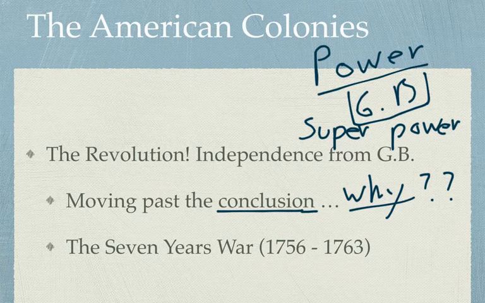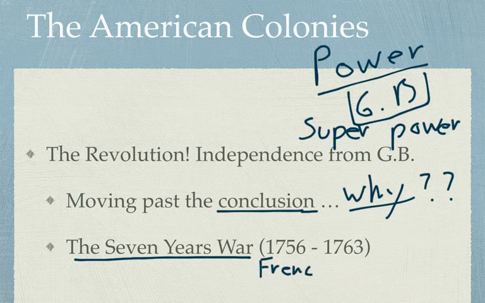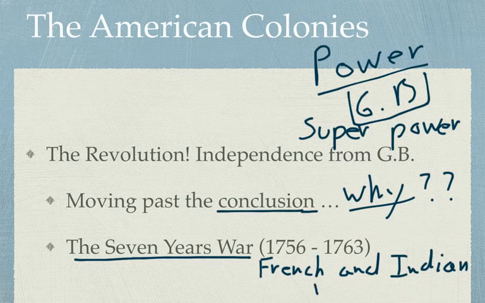Here was the catalyst. The catalyst was the Seven Years' War. And in the United States, we actually called this the French and Indian War. In Europe, it was the Seven Years' War.